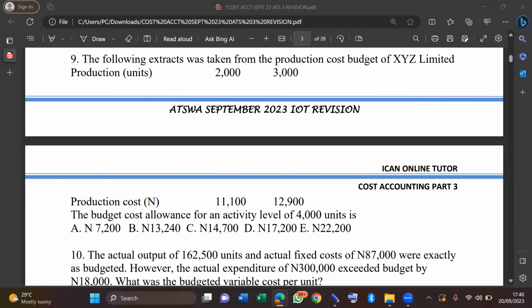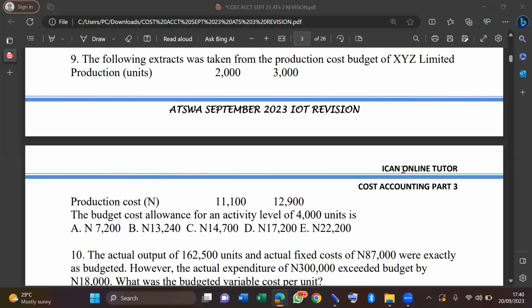Is it an assumption? Esther, how did you arrive at your 22,200?